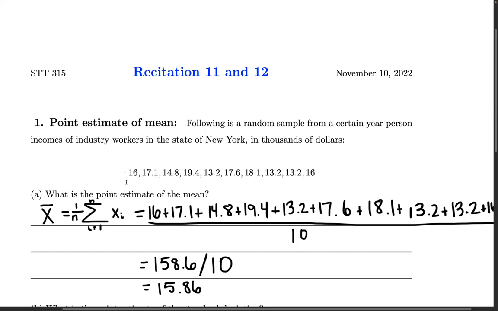So we're just going to add up all of these numbers and then divide that by n to find x bar.